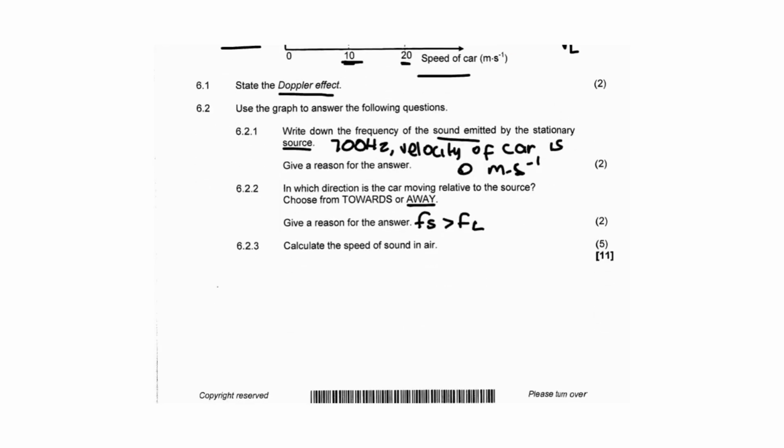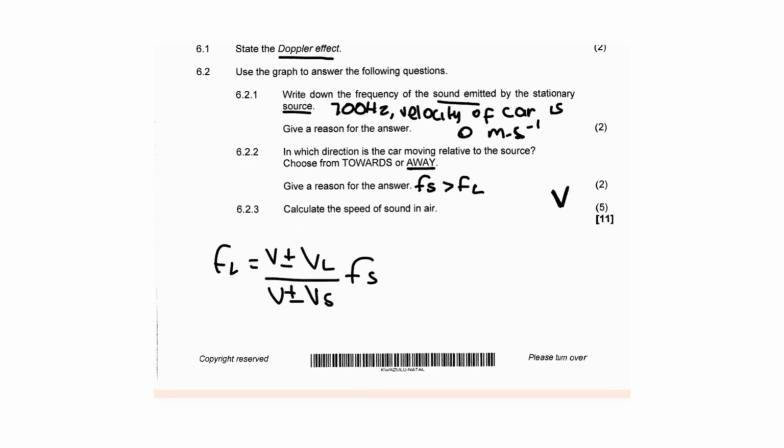The equation states that FL equals V plus or minus VL divided by V plus or minus Vs, times Fs. What we are looking for here is just V, the speed of sound in air.